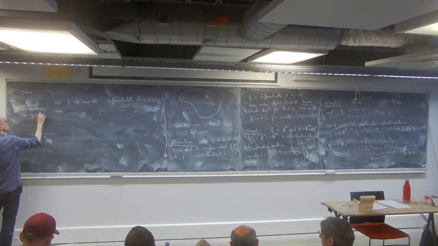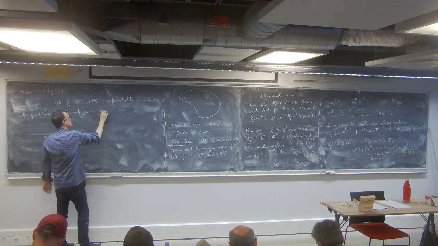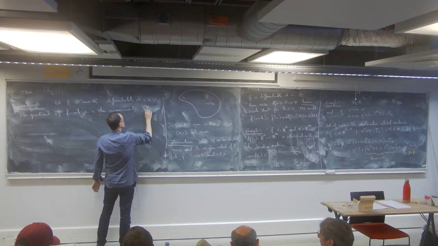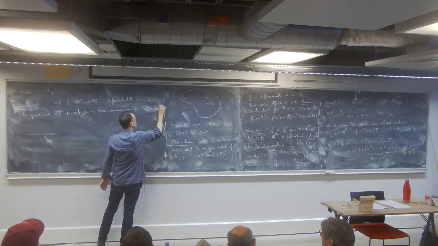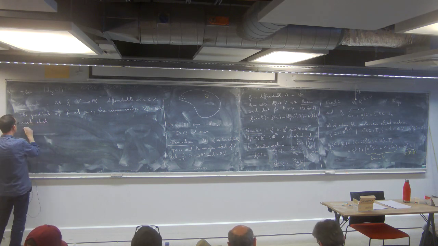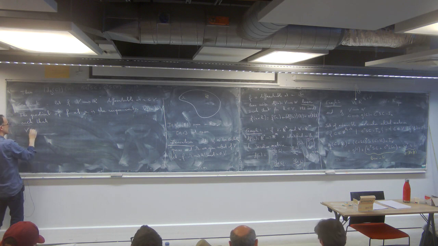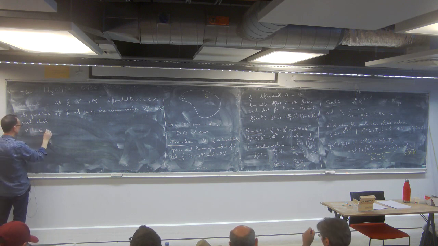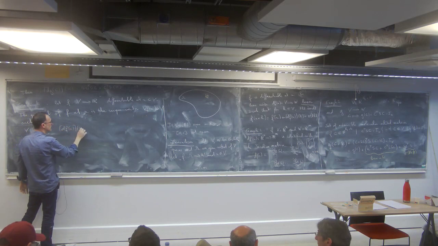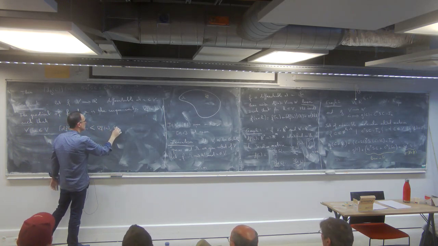The gradient of f at x is a unique vector, denoted like that, which is a vector in V, such that for all delta x in V, df_x of delta x is the inner product of the gradient of f at x with delta x.